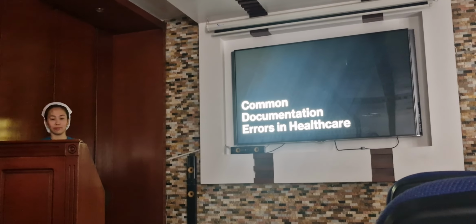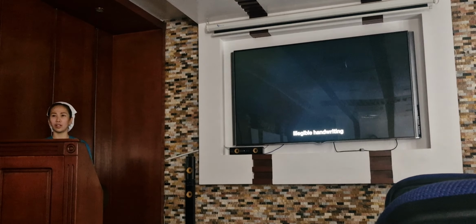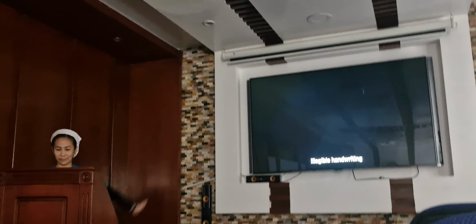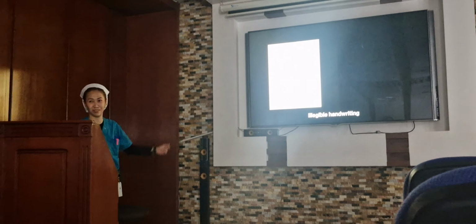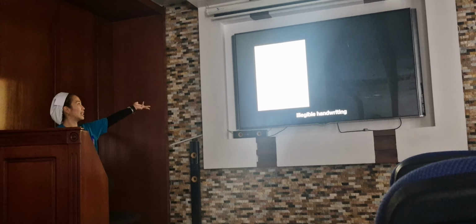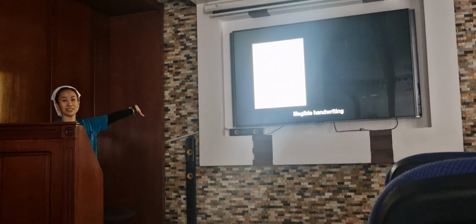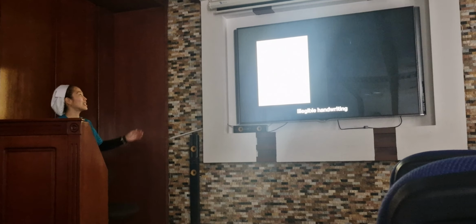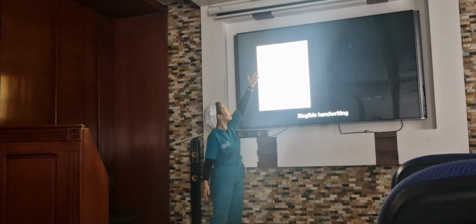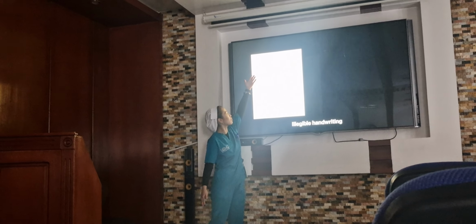Samples. Okay, illegible handwriting. Can you read this one? Doctor, is that a consent? This is our filler consent. It's understandable, but I don't know whose doctor this is or what kind of procedure this is.